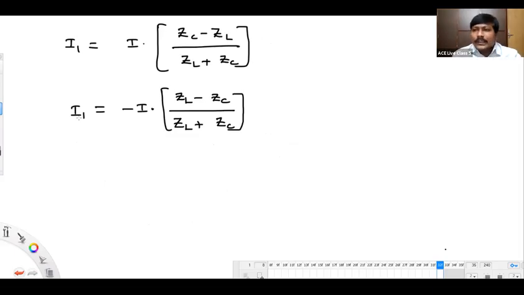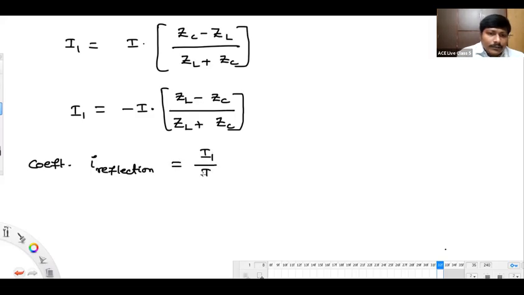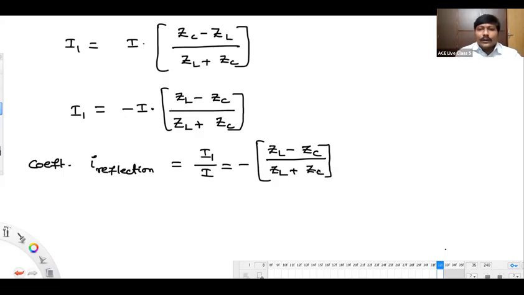Now you can write the coefficient of current reflection, which is I1 by I. So it will be negative of ZL minus ZC by ZL plus ZC. That's the coefficient of current reflection.